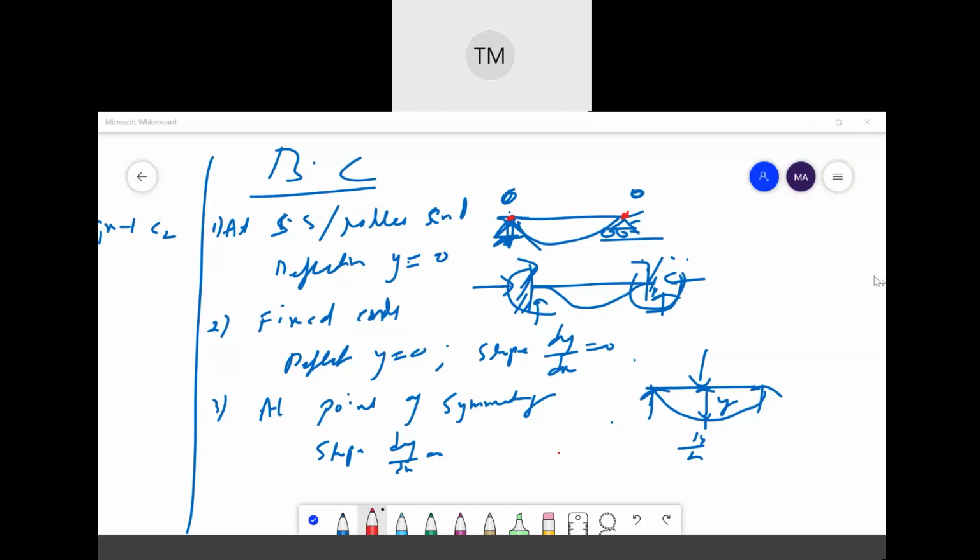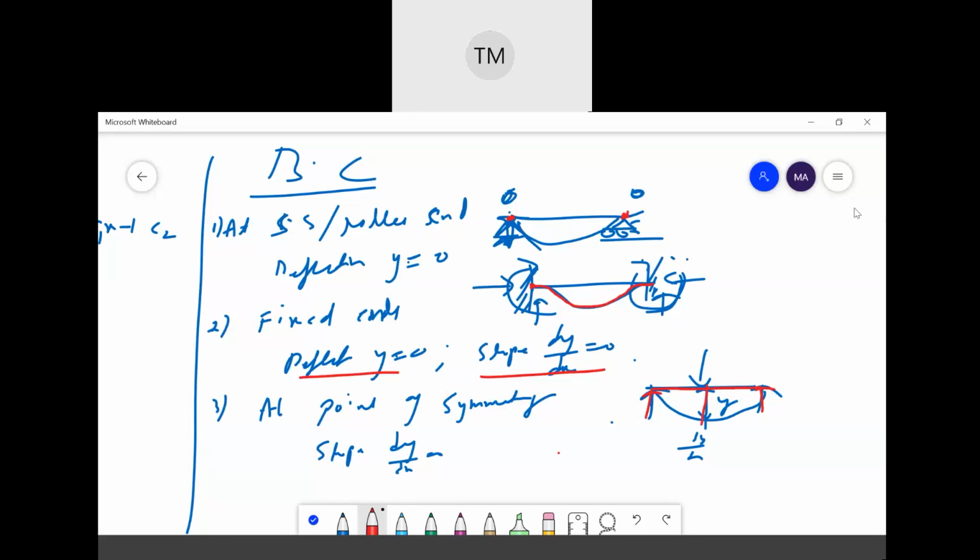At fixed ends, the deflection and slope will be 0. Why? Because at fixed ends it is constrained in all three: x, y, and the moment also is constrained. So when you see here, the deflection curve will go like this. Understand? So here again the deflection and slope will be 0. Again at a point of symmetry, if a beam is simply supported and you have a midpoint of symmetry, exactly at the midpoint, symmetrical loading is taking place.